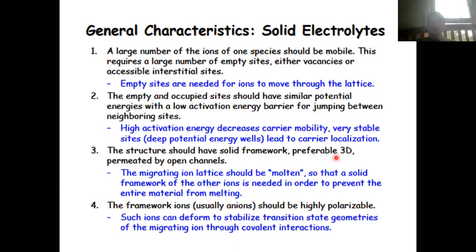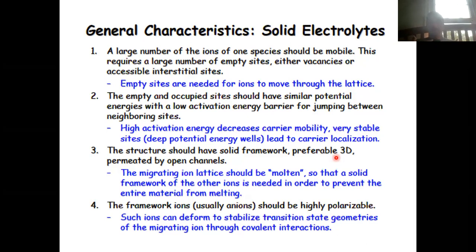So we could have practically an anionic framework with the anions being fixed in their positions, but the cations would be able to move like a liquid through that solid anion framework.